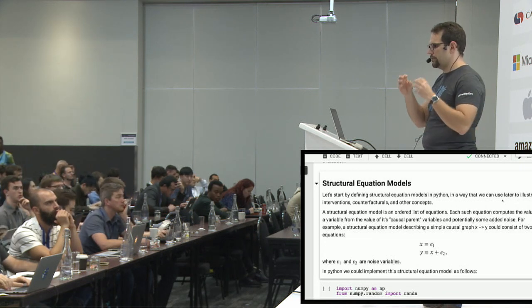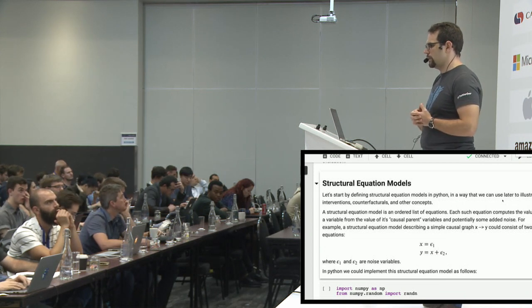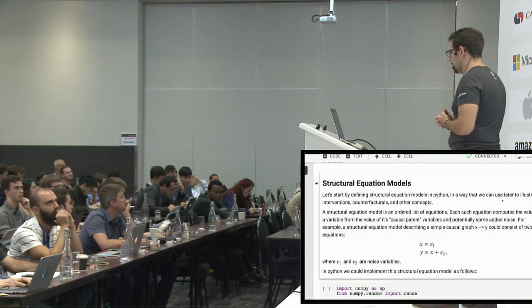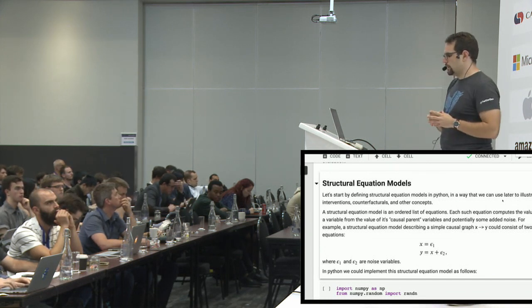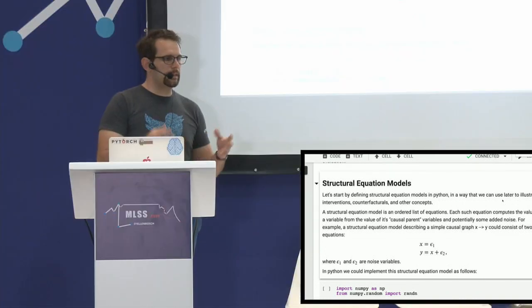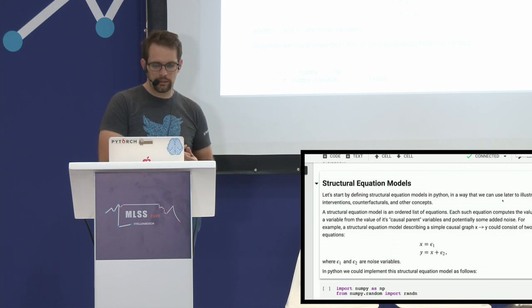What happens if I have these scripts and I interfere with them, and how can I study the behavior of those scripts? I'm going to do it in a way that allows you to programmatically explore what a counterfactual means, or what sampling from a structural equation model would look like.